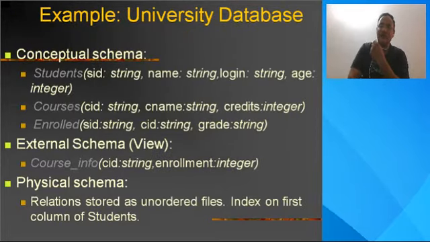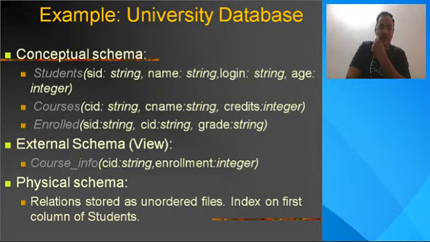Now an example of a database: in the case of a university database, we can divide the database into three views: conceptual view, external view, and physical view. The conceptual view of the university has Students, where student records are identified by student ID with data type string, name as string, login as string, and age as integer.